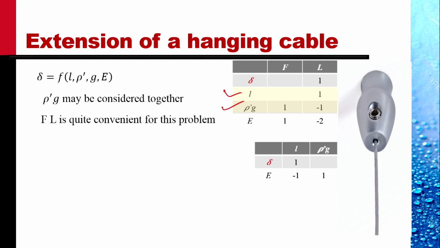And this gives us delta by L is equal to a function of E divided by rho prime g L, or delta can be written as c L times a function of rho prime g divided by E L.